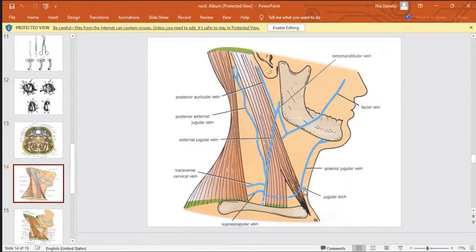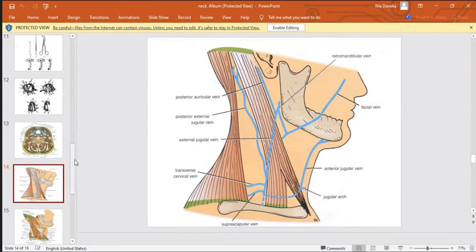When these veins are accidentally damaged during surgery, they can't contract by themselves. So if damaged, they must be immediately ligated, so as not to develop what? Air embolism.